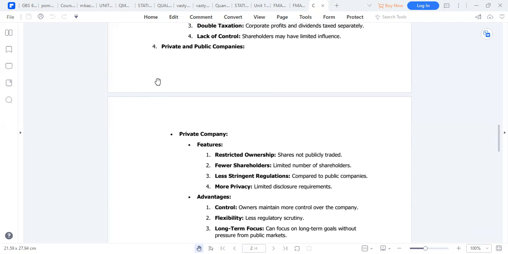The features of the private company are that there's restricted ownership. This simply means that shares are not publicly traded, there are fewer shareholders, limited to a family, there are less stringent regulations compared to public companies, and there's more privacy.